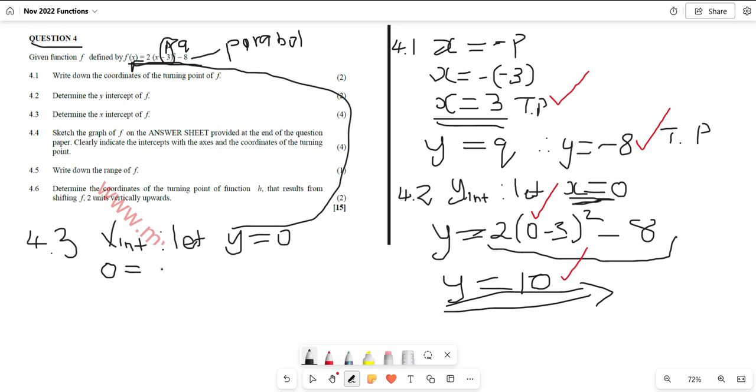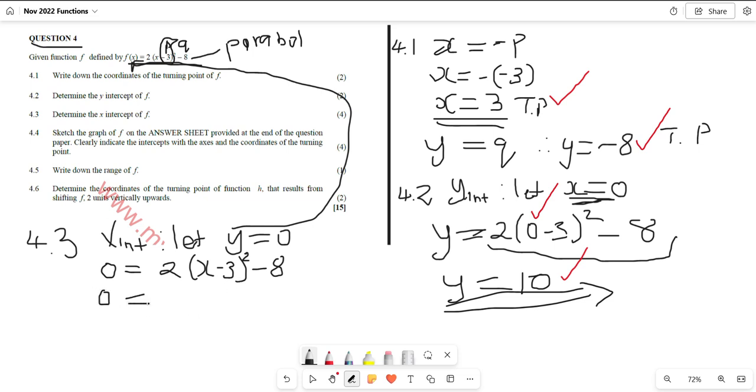That is equal to 2 in bracket x minus 3, all square, minus 8. Now, what does this square mean if I have x minus 3? The square says this bracket, you must repeat it twice. Then we still maintain the 0 here.